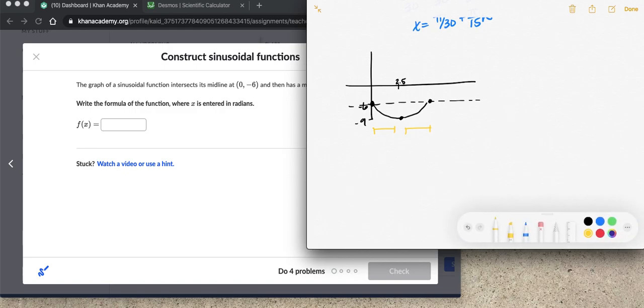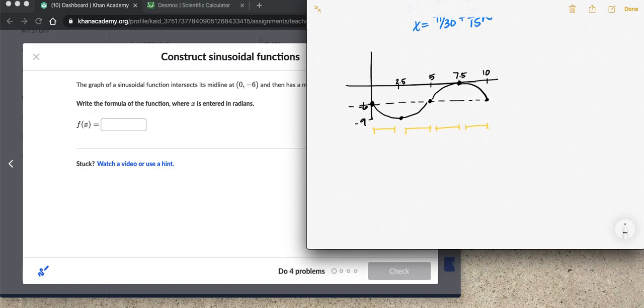And it's another distance of 2.5 to get to the maximum, and one final distance of 2.5 to come back to where we started. So this would be right here at 5, this would be here at 7.5, and this last lonely point would be here at 10. So I think I have everything I need now.